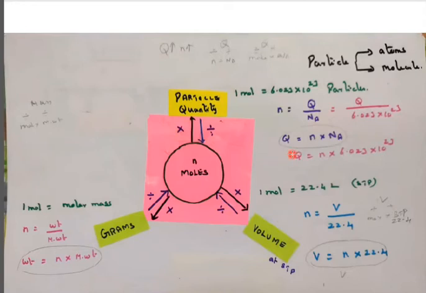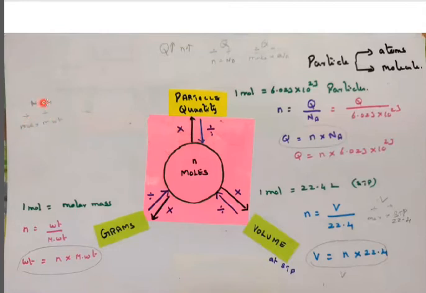Next thing is mass, if they have given it. That is mass, divided by moles times molar mass. If they ask for weight, you multiply the number of moles by the molecular weight. If they ask for moles, you divide mass by molecular weight. This is the triangular formula. If you want to calculate the molecular weight, divide the mass by moles.